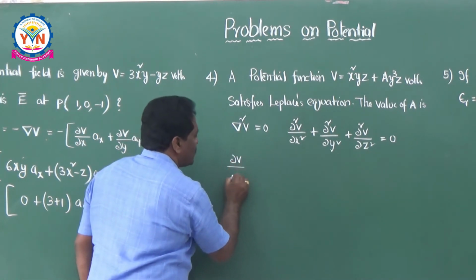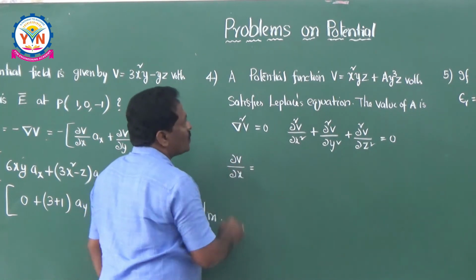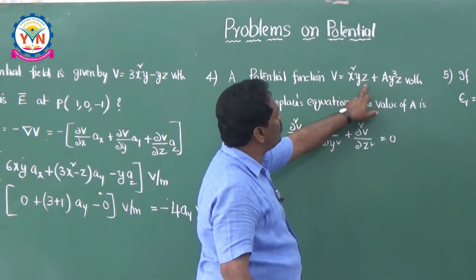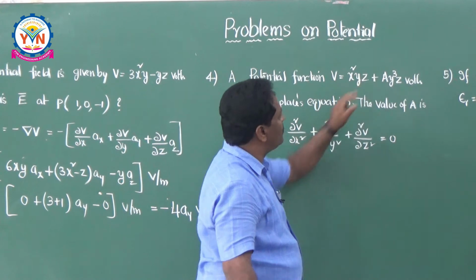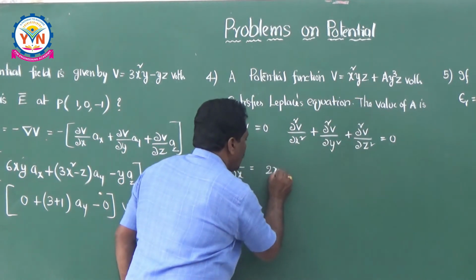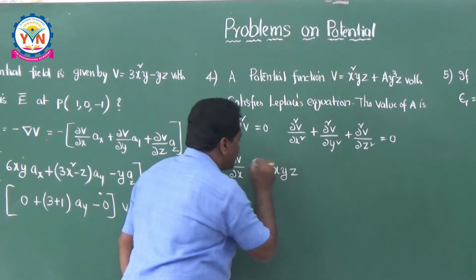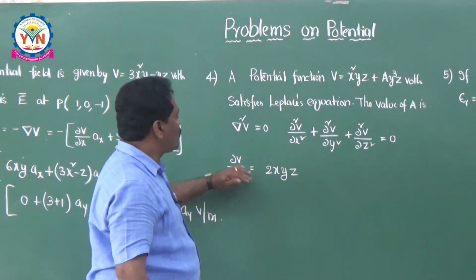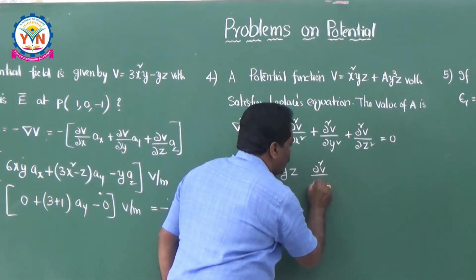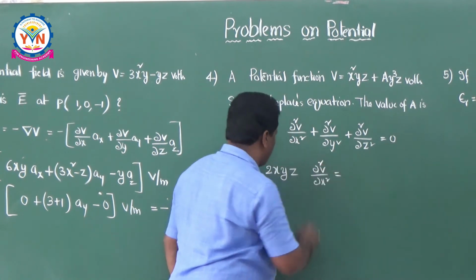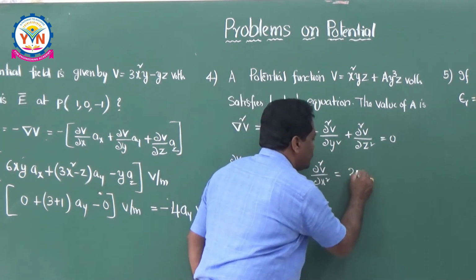With respect to x, you do differentiation. This is 2xyz. This is called dou V by dou x. So, dou square V by dou x square means once again differentiate, this is equal to 2yz.